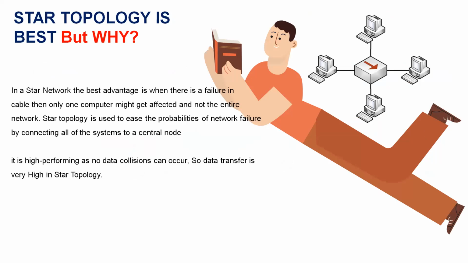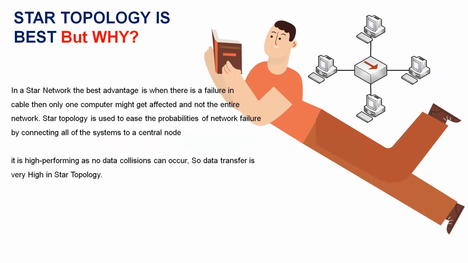And the question is, why is star topology best? The answer is that in a star network, the best advantage is that when there is a failure in a cable, only one computer gets affected, not the entire network, while in ring and bus the entire network was affected.